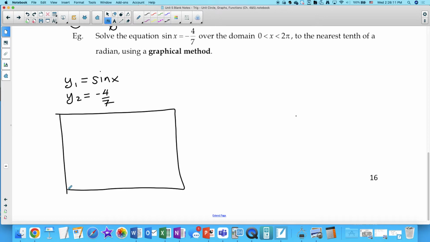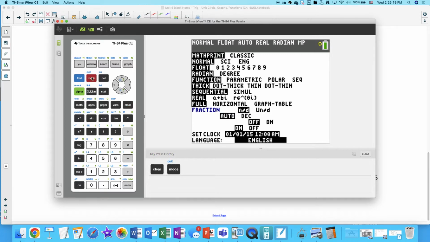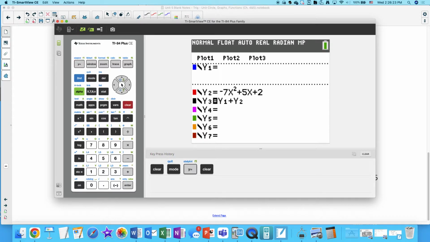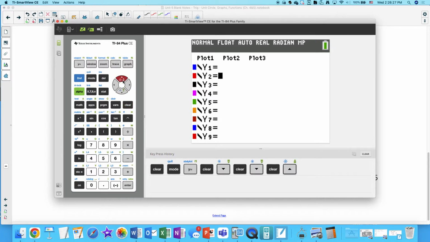Okay? So we're going to make a little sketch there too. All right, so the first thing I'm going to do is make sure that I am in radians, and I am. And what I'll do now is graph y1 equals sine x, and y2 equals negative 4 over 7.